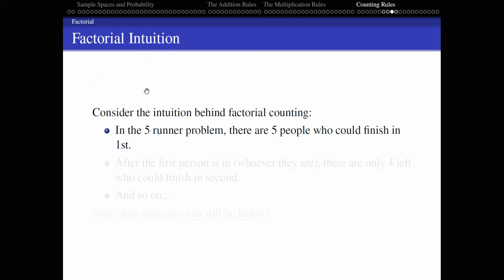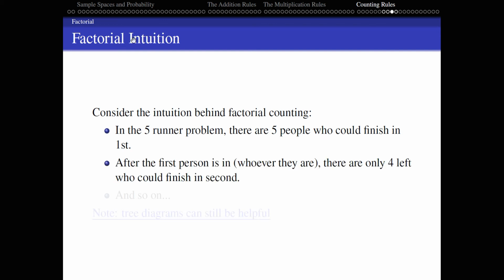But as soon as the first person crosses the finish line, we've got that first space locked in. The second space only has 4 people still left out running their race. And then as soon as somebody crosses the finish line for the second place, the third space only has 3 people still out running, and so on and so on.